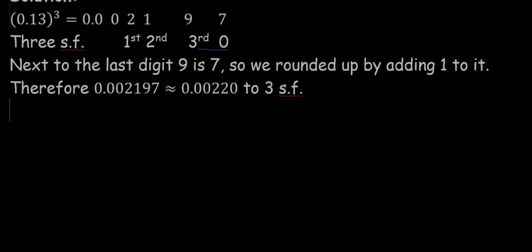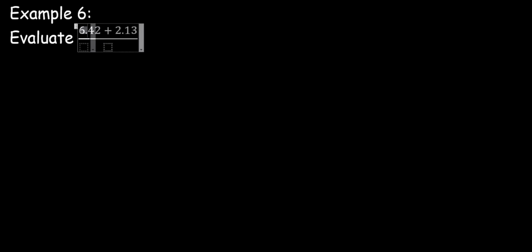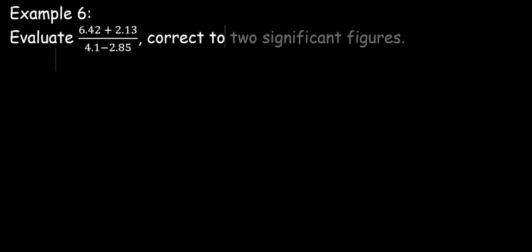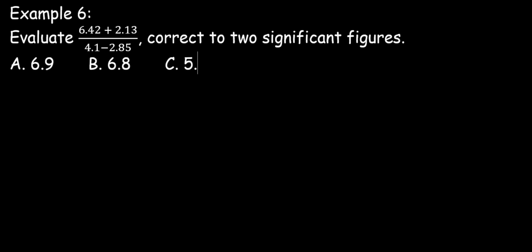Another example. Evaluate 6.42 plus 2.13 all over 4.1 minus 2.85, correct to 2 significant figures. The options are A, 6.9, B, 6.8, C, 5.9, D, 5.8, E, 5.4. Solution.